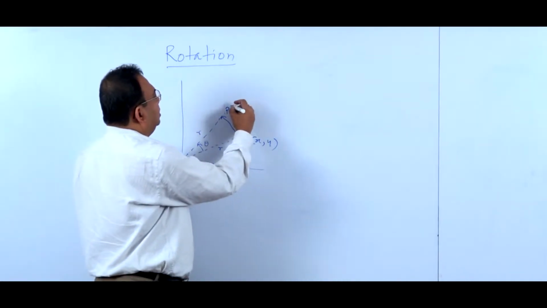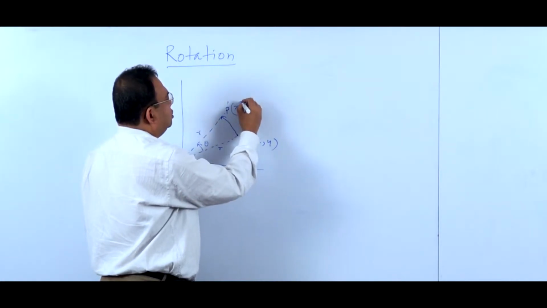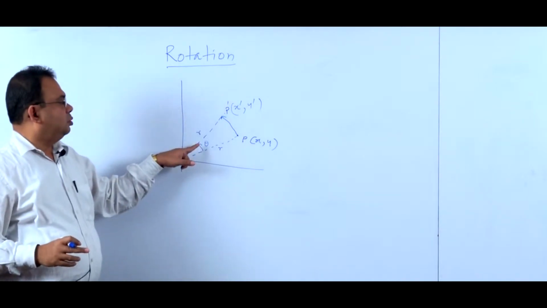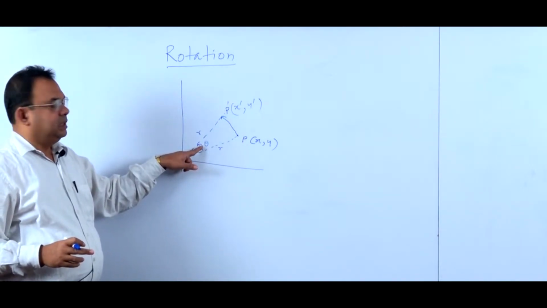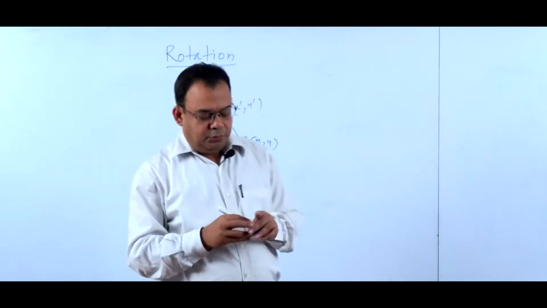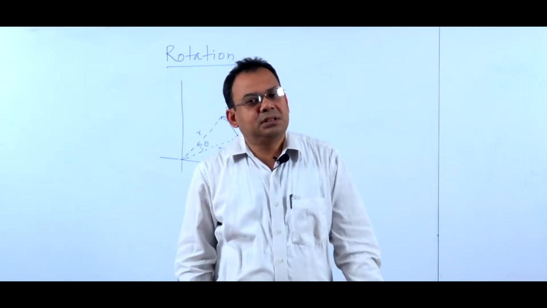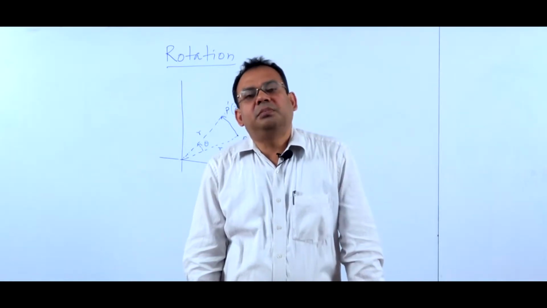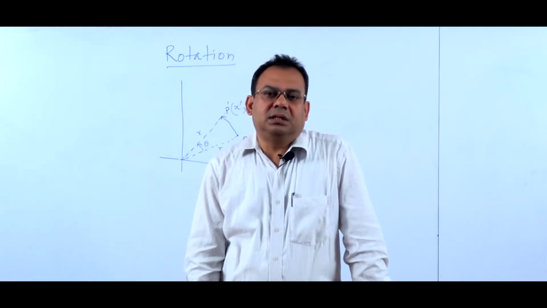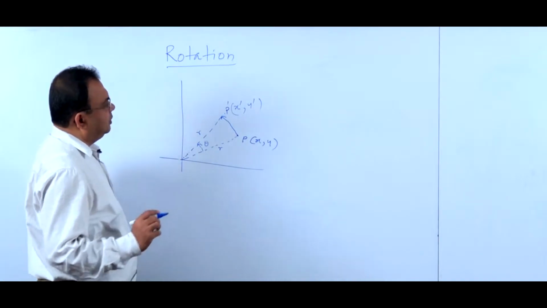Let us consider that the new position of the object is at P dashed, whose coordinate is x dashed, y dashed, and the angle of rotation is theta. The angle is measured following the normal convention: if the angle is in the anti-clockwise direction, it is considered positive. If the angle of rotation is in the clockwise direction, then it is negative. So this convention is used here.